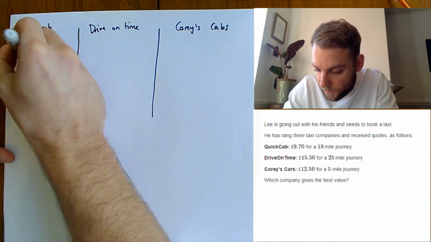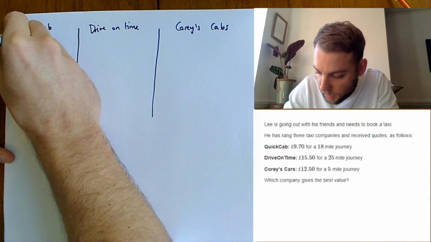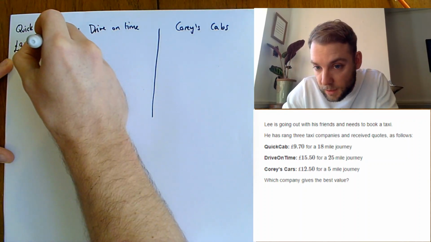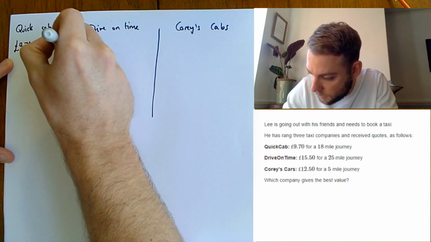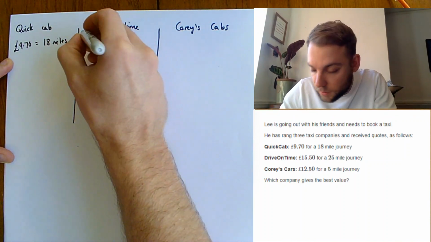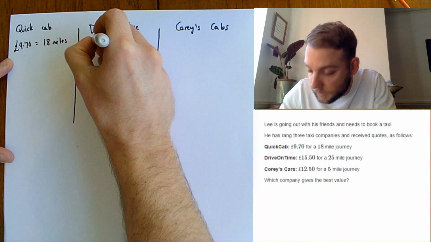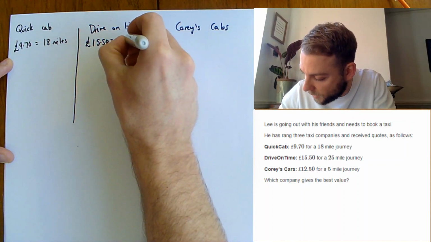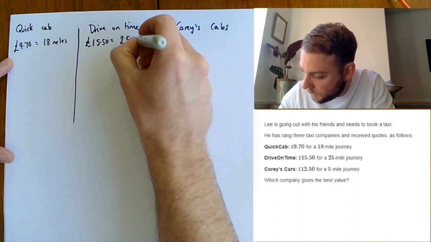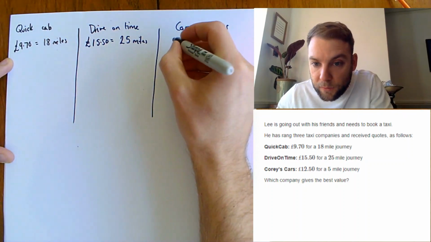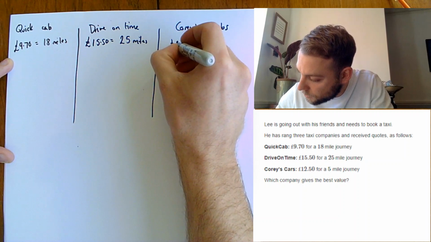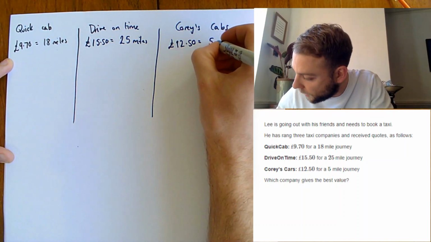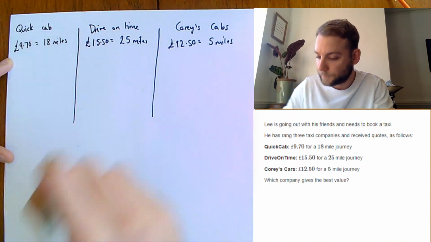I need to write this one a little bit smaller. £9.70 is 18 miles. We've got £15.50, which is equal to 25 miles. And we've got £12.50, which is equal to 5 miles.